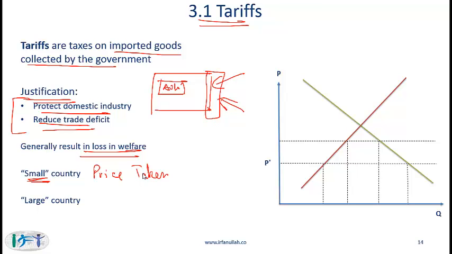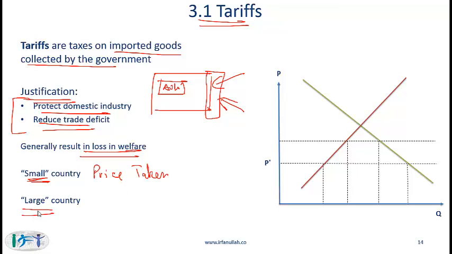So we can say that Portugal is a small country. We can also take a country like Brazil, which is physically big, but Brazil's import of cars probably has no impact on the price of cars in the global market. So in the context of the global auto industry, both Brazil and Portugal are small countries.